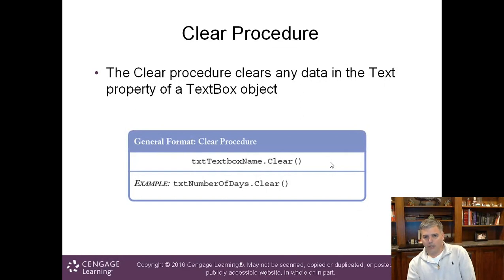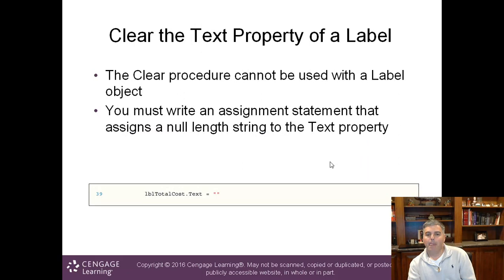So there is a clear procedure built into the text box. If in code you just type in txtTextBox, or the text box name, dot Clear, that will clear out the value in the text box for you. That's a built-in procedure that's part of the text box, a really nice way to just clear out the value there.